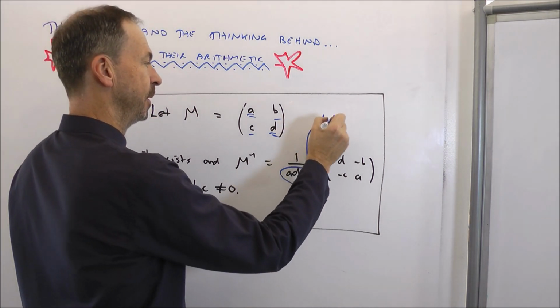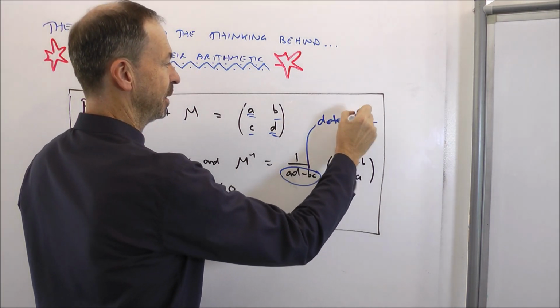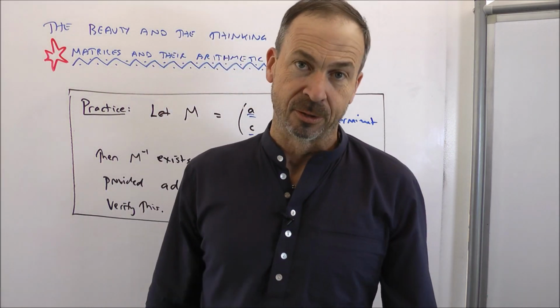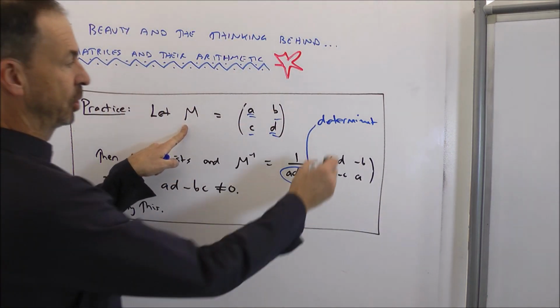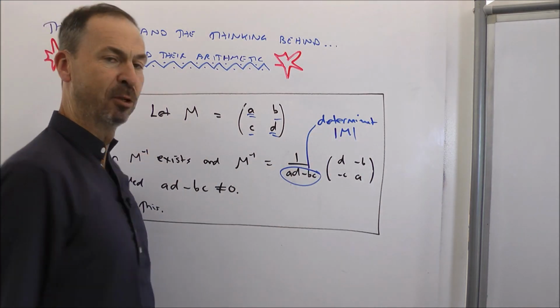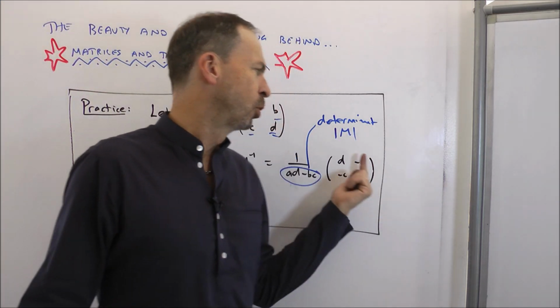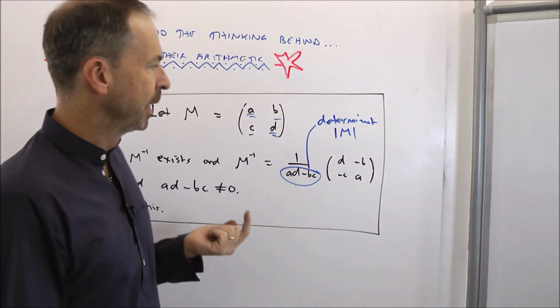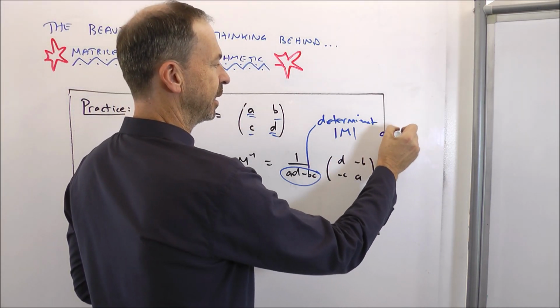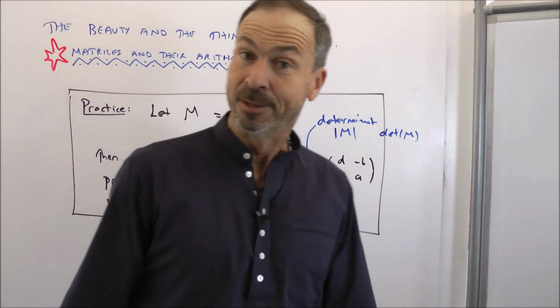The determinant, in some sense, determines whether the inverse exists or not, at least in the 2 by 2 case. And people often give it the notation like an absolute value of M, some sort of measure of the size of M. In fact, I will talk about determinants later on in another video. It has a nice geometric meaning. Other books might call it the det of M for, well, determinant of M.